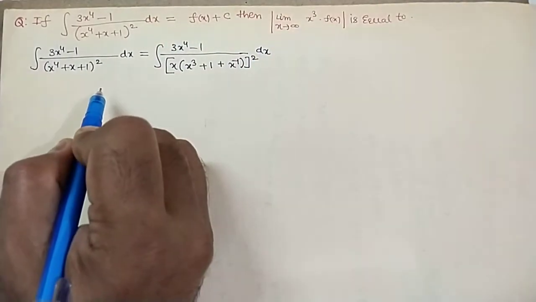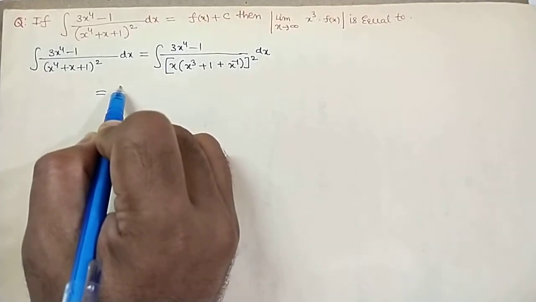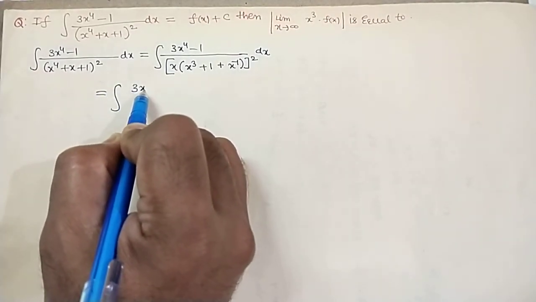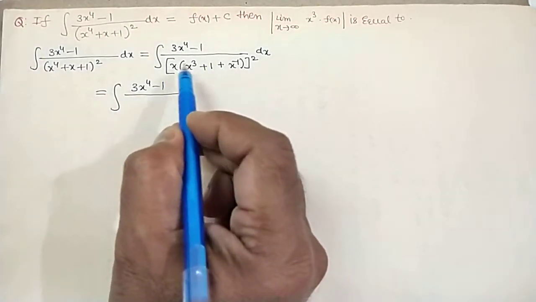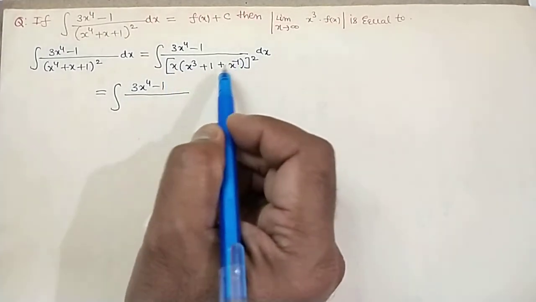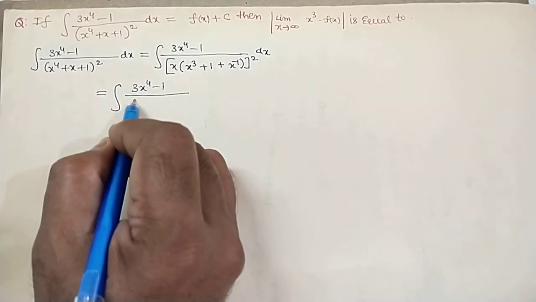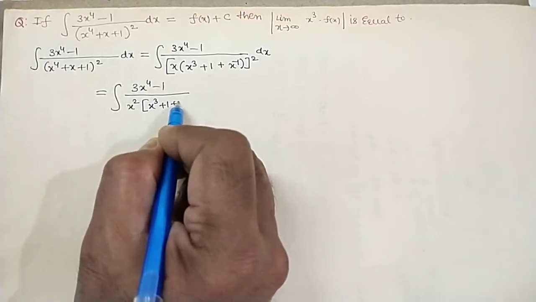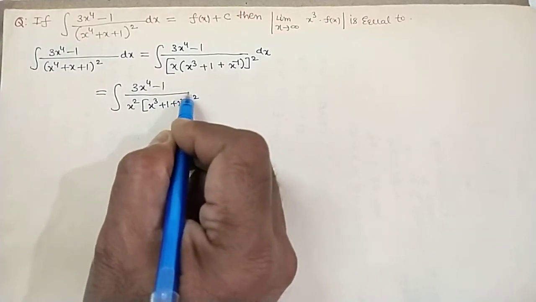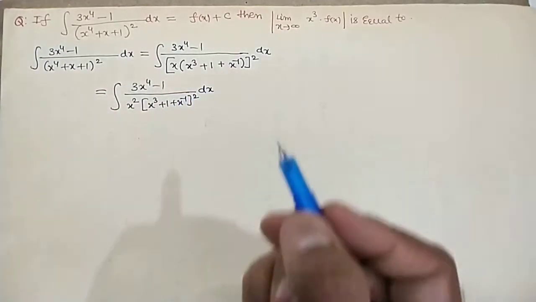After this step, which is equal to integral 3x power 4 minus 1 divided by, this is a, this is b, ab whole square means a square into b square, x square into (x power 3 plus 1 plus x power minus 1) whole square into dx.